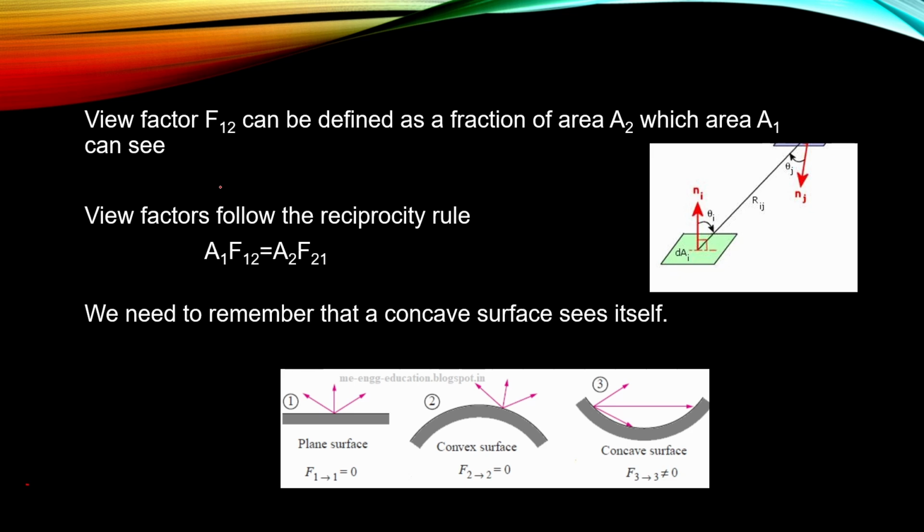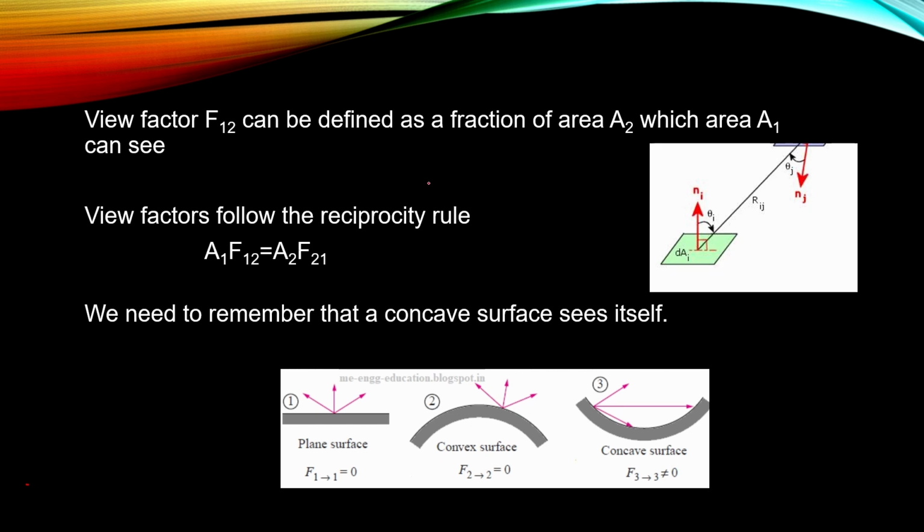For these view factors we have the so-called reciprocity rule, which says that the surface area A1 times the view factor from A1 to A2 is the same as the surface area A2 times the view factor from surface 2 to 1.